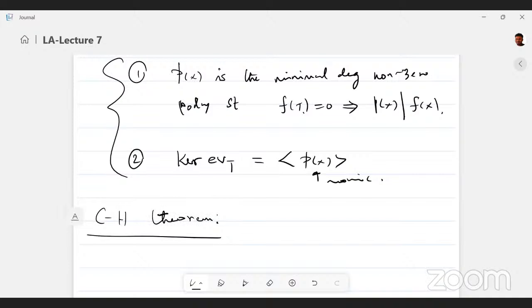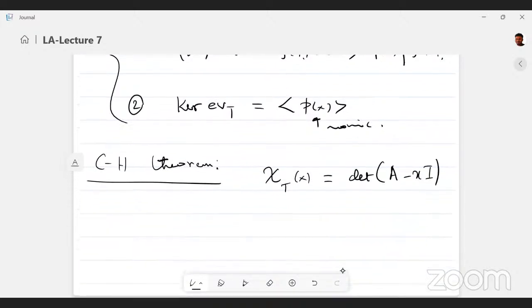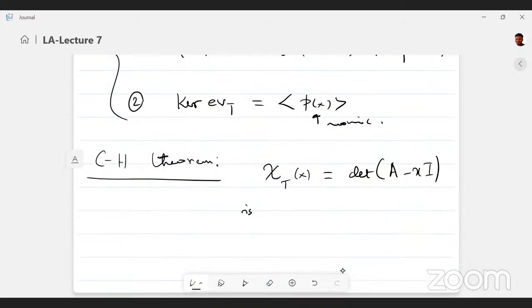If you take the characteristic polynomial, which I denoted by chi t of x, what is its definition? It is the determinant of A minus x identity. Okay, so this polynomial is divided by this p of x. This is the Cayley-Hamilton theorem. We'll come back to this later, let's not worry about it.